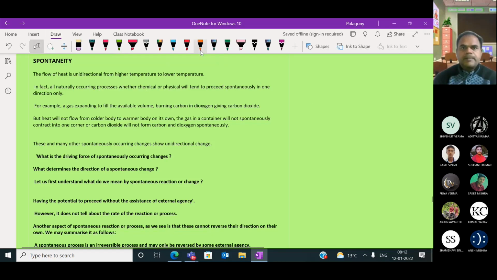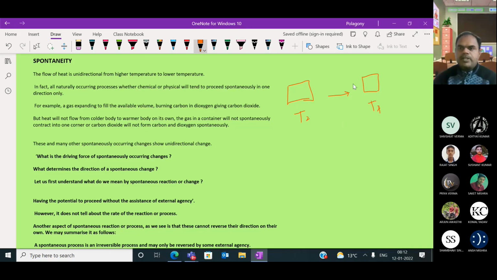See, if you take any system which is kept at higher temperature, for example, the system T2 having high temperature, and there is another system whose temperature is T1.